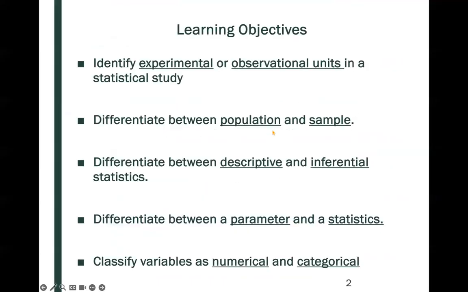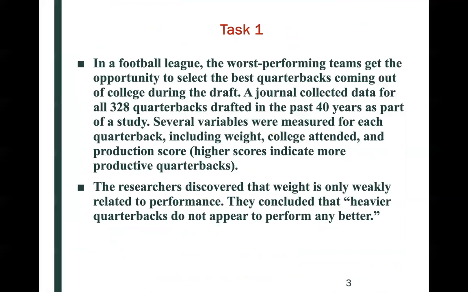Okay, so task 1. In a football league, the worst performing teams get the opportunity to select the best quarterbacks coming out of college during the draft. A journal collected data for all 328 quarterbacks drafted in the past 40 years as part of a study. Several variables were measured for each quarterback, including weight, college attended, and production score.